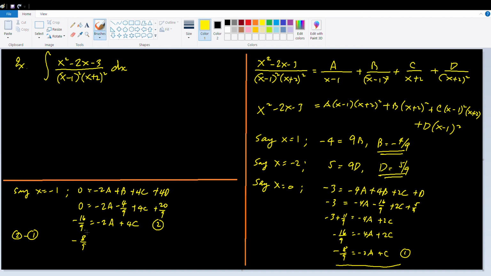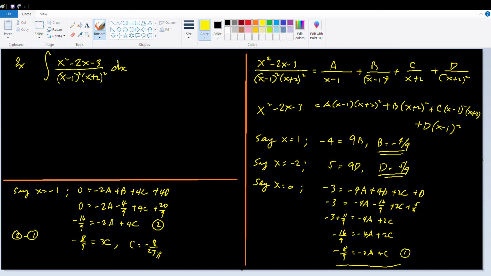Negative 16 minus negative 8 is equivalent to negative 16 plus 8. So negative 8 over 9 equal to negative 2a minus negative 2a, that will eliminate a, plus 4c minus 1c. That will be 3c. So your c here is negative 8 over 27.